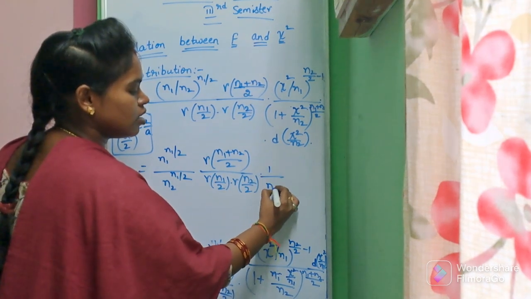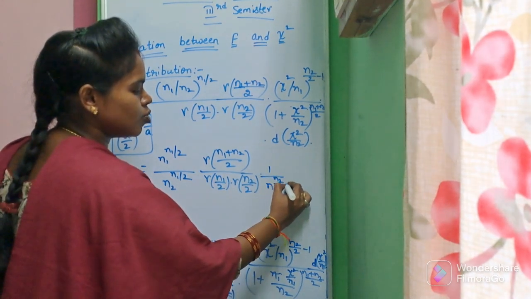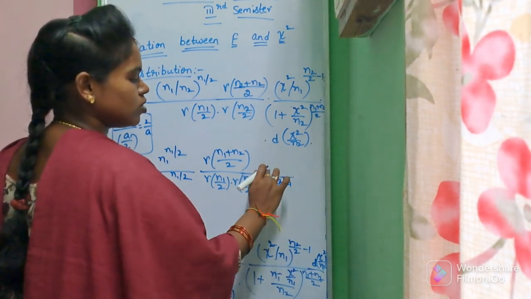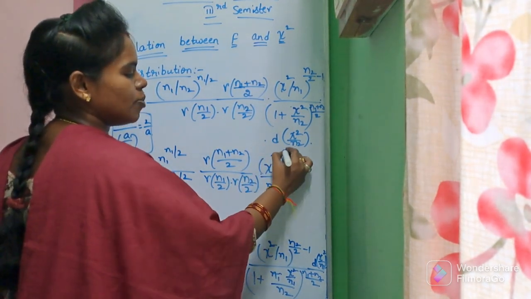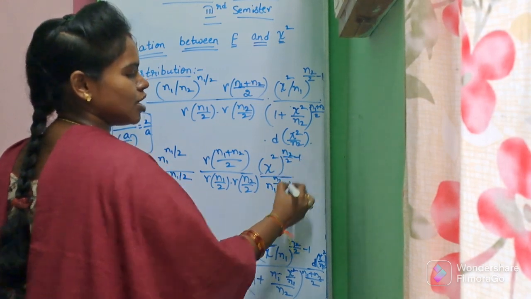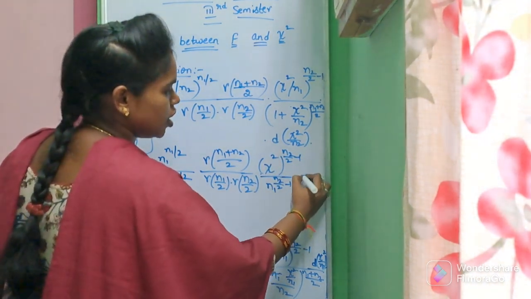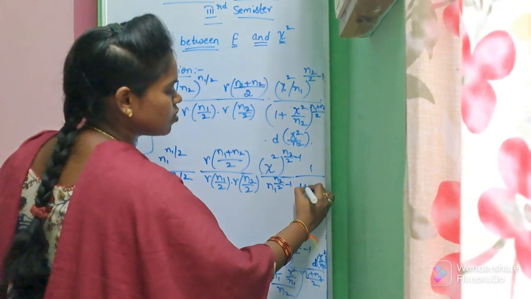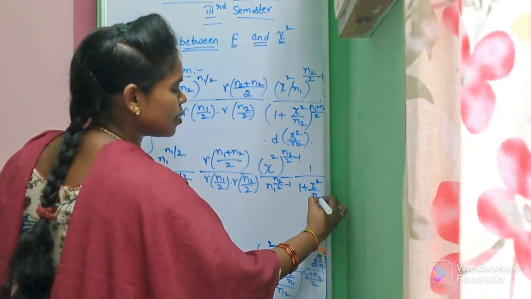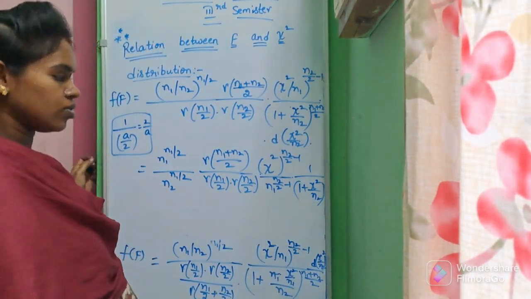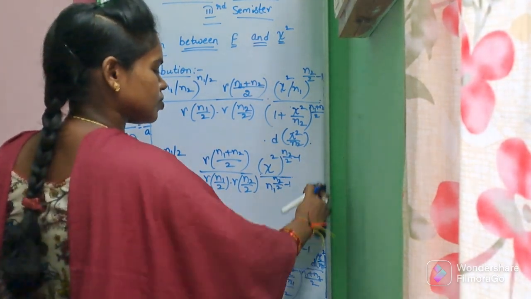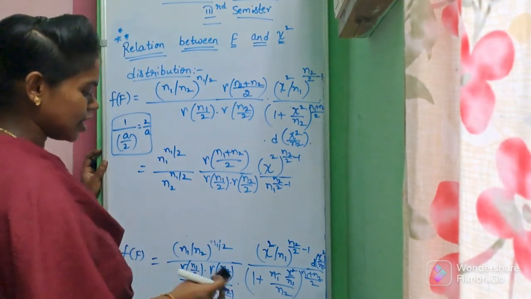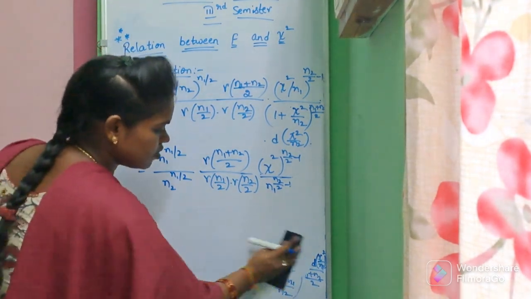1 by n1 power n2 by 2 minus 1 into numerator chi square whole power n2 by 2 minus 1 into 1 by 1 plus chi square by n2. I am just writing it down. All these are multiplications only, don't get confused.